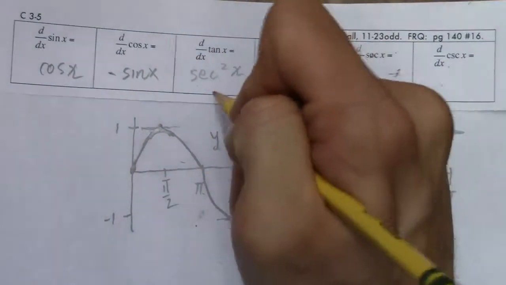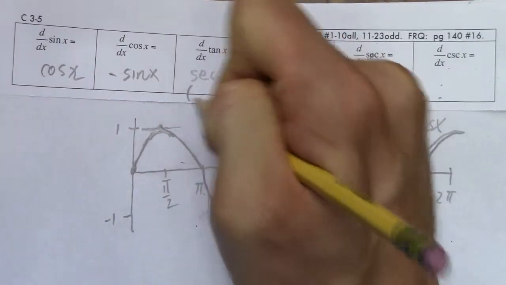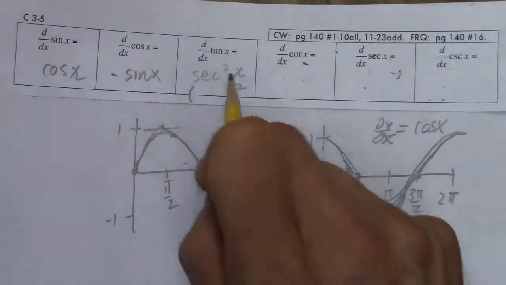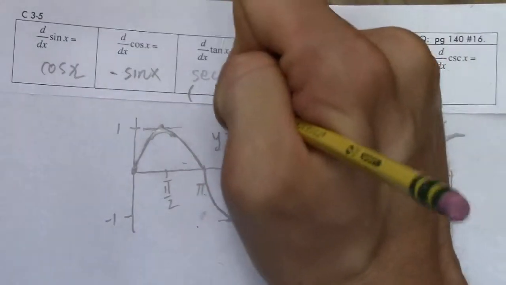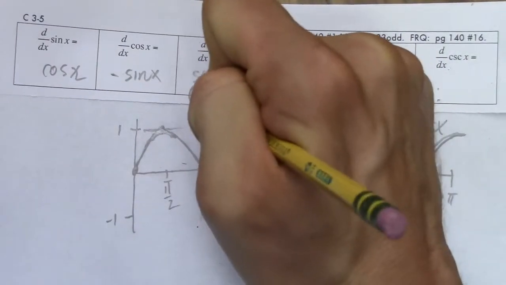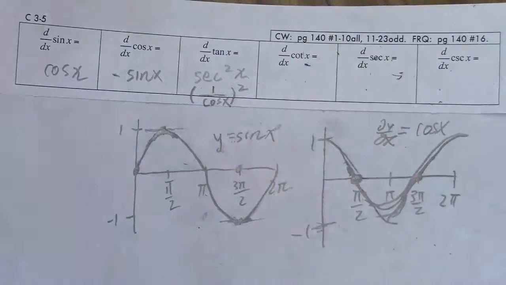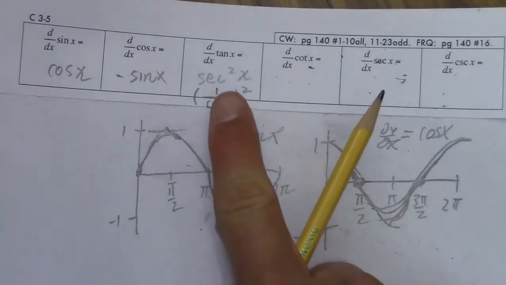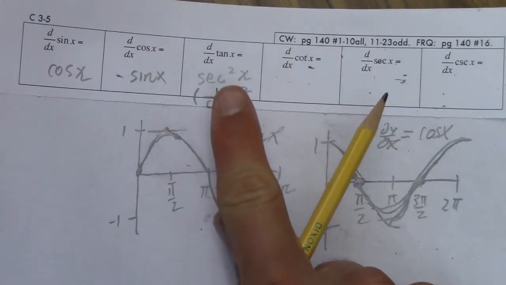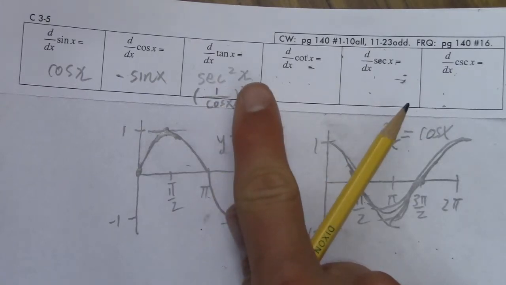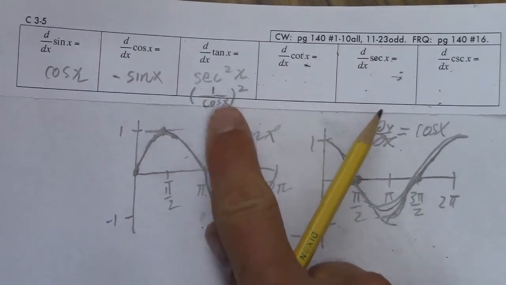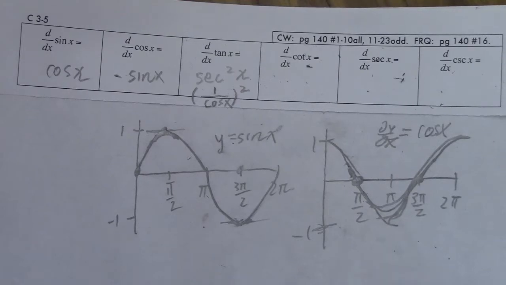which, don't forget, means we really have a parentheses being squared, because it's secant squared, and secant is 1 over cosine. If you had to use a calculator to calculate the secant squared of, say, pi over 2, you would type it in like that.